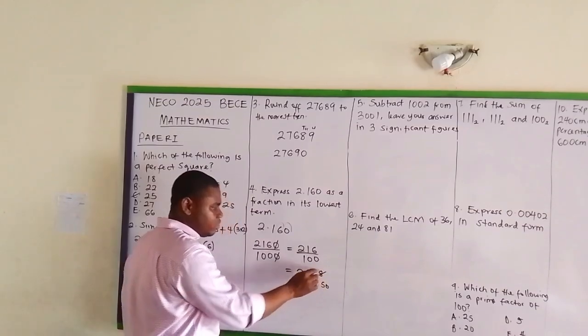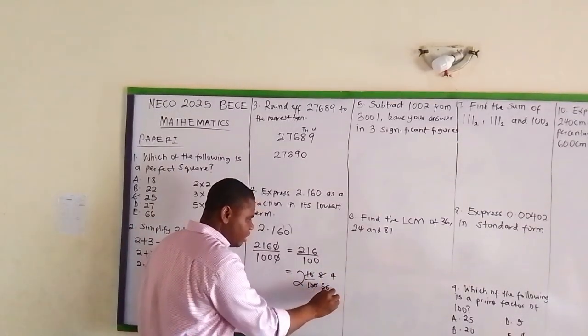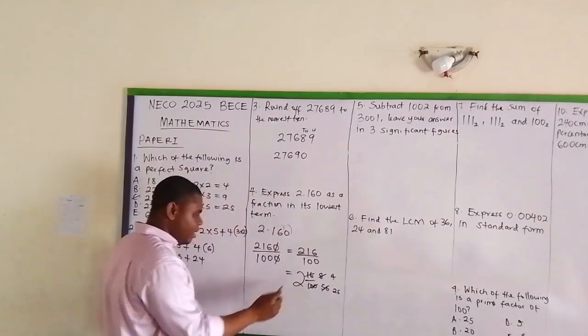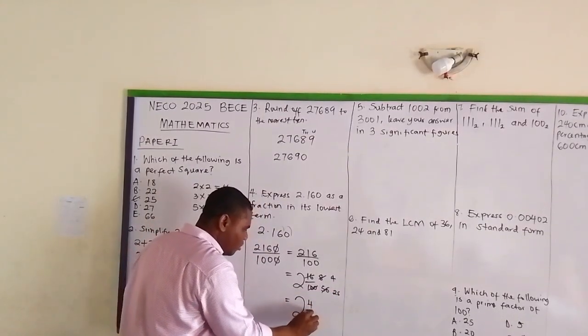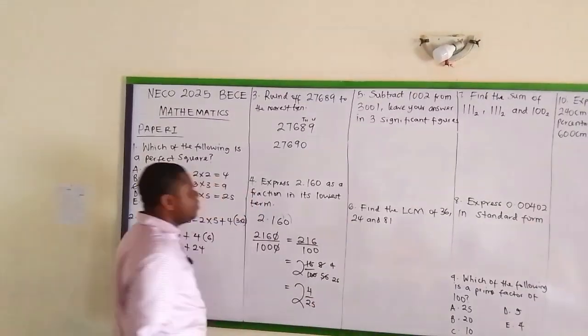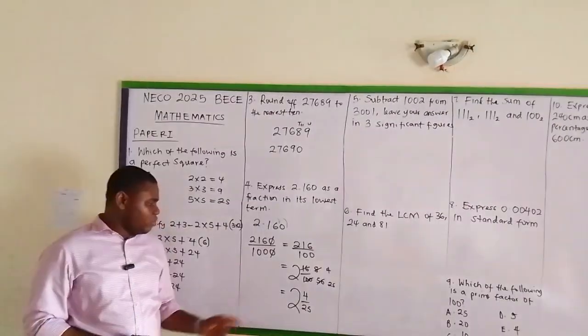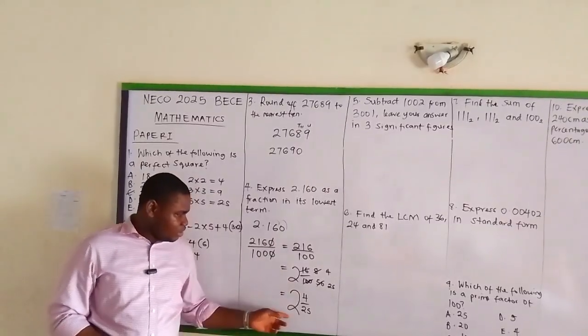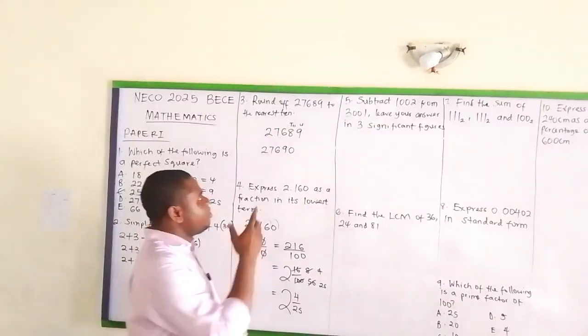So 2 goes into 8, that is 4 times. 2 goes into 50, that is 25. So finally, our answer will give me 2 whole number 4 over 25. So 2.160 as a fraction in its lowest term will give us a mixed number, 2 whole number 4 over 25.